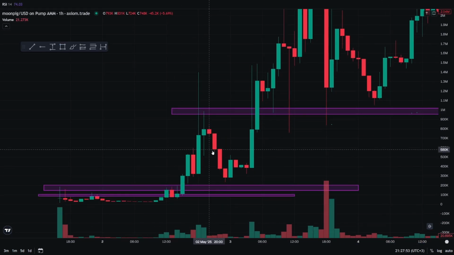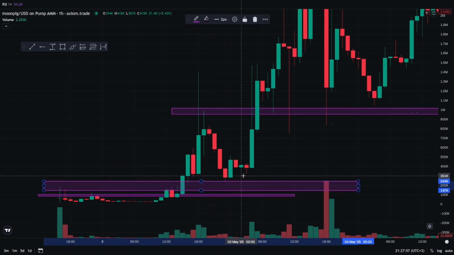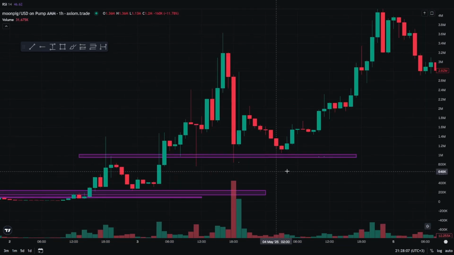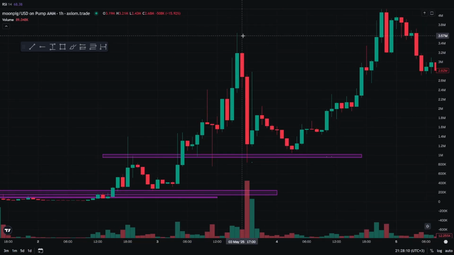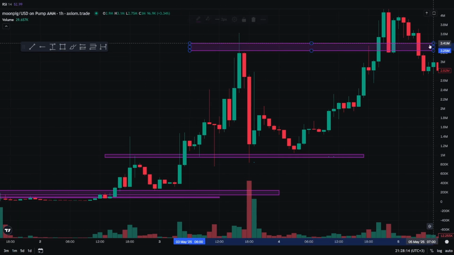We can see it bounced off, basically came back to this resistance line. It came back to 300k, remember, round numbers, right? Came here, accumulated a bit, and boom, smashed through this resistance line. And as we can see, even if it made a new all-time high at 3.5 mil, we can draw another resistance here, it still came back to the previous resistance.